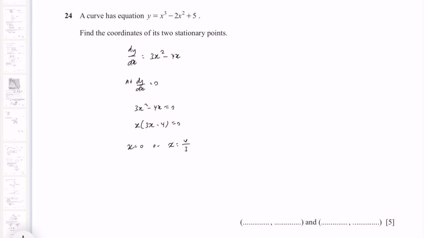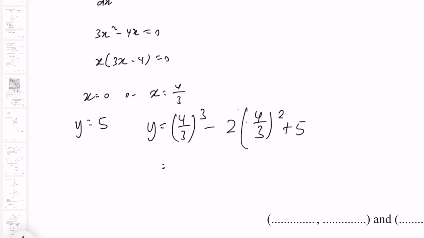So y equals 5 for this one, because these will be 0. And the other one is a bit complicated. Y equals 4 over 3 cubed minus 2 4 over 3 squared plus 5. Let's type this in and see what we get. 4 over 3 answer cubed minus 2 answer squared plus 5.